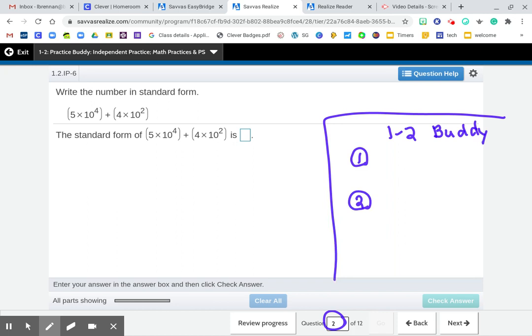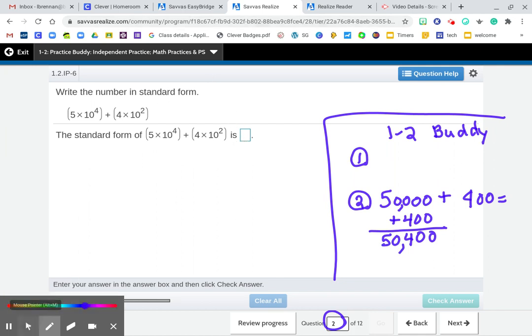Number 2, if I want to write this out, 5 and 4 zeros. And I know there's 4 zeros because it's times 10 to the 4th. Plus 4 and 2 zeros. And I know that because it's 10 to the 2nd. And if I want to write that and then stack it up, make sure I got everything all lined up nice.